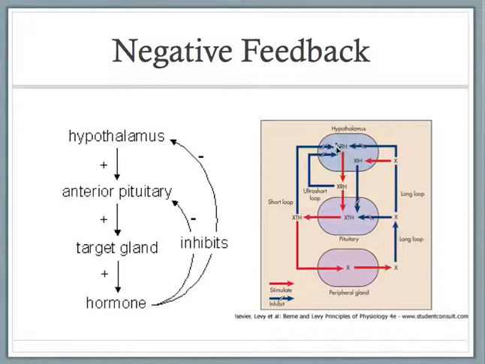And then there's also an ultra short loop, so really high levels or adequate levels of releasing hormone X can shut off the hypothalamus making more of that releasing hormone because it's just made a big bunch of it. All right, so hopefully that makes sense. The hypothalamus makes releasing hormones. Those releasing hormones make the pituitary release tropic hormones, and the tropic hormones cause the glandular release of the systemic hormone.